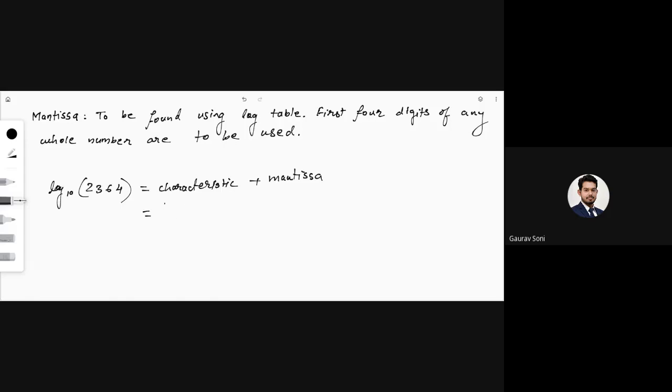So 3 plus. Now in your logarithm table, what we are going to see is 2, 3, 6, 4.